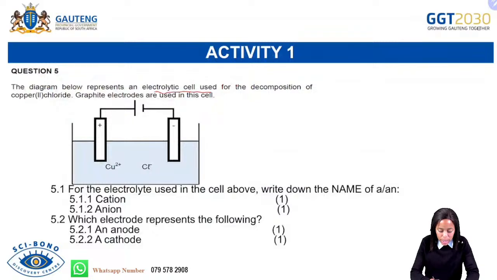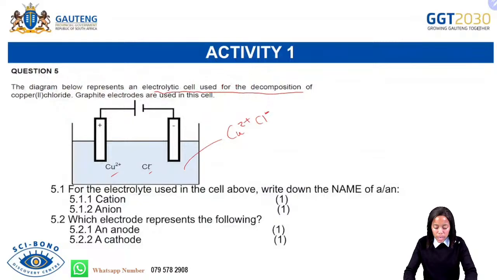Okay, so the question now here says, the diagram below represents what? An electrolytic cell that is used for the decomposition of copper 2 chloride. So that copper 2 chloride, we know that it represents the what? It represents the electrolyte. So your copper 2 chloride is Cu2 plus and what? And Cl minus.